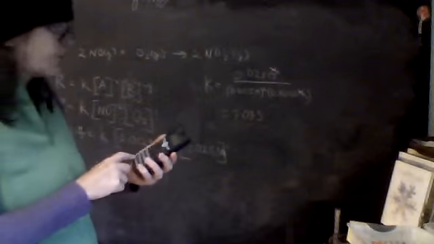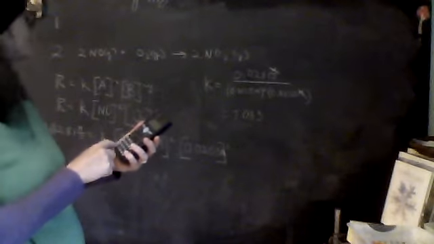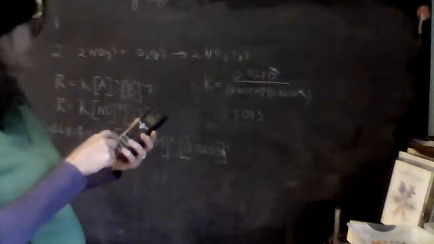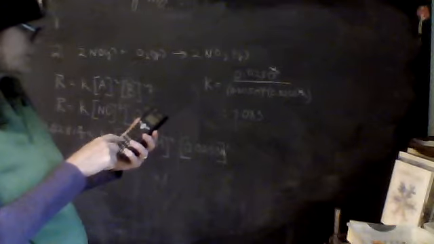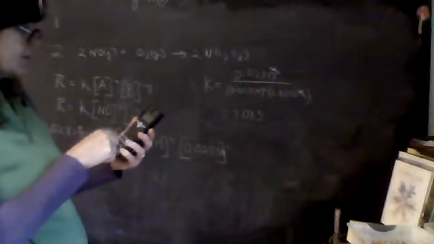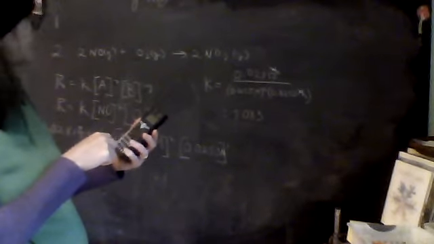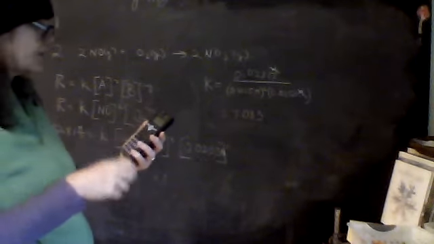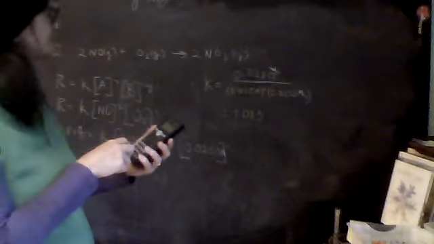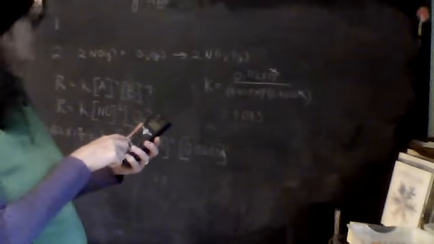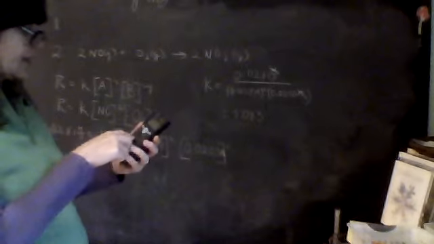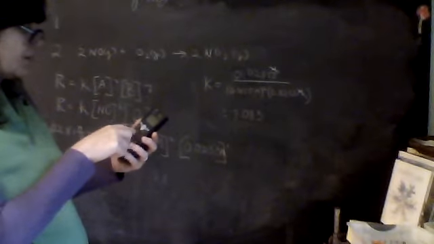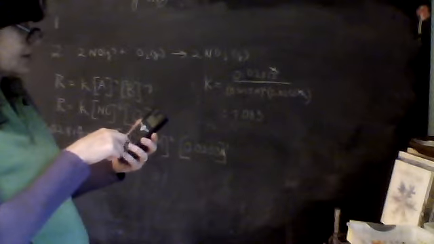Let me try that again: 0.0281 divided by 0.0125 squared, times 0.0253, equals. I got a syntax error.